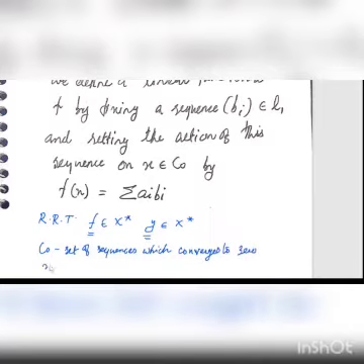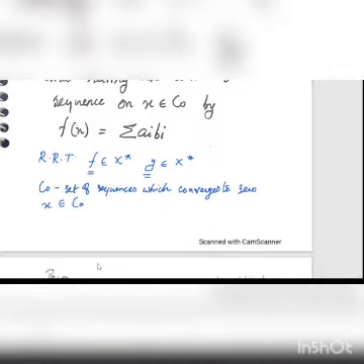Now I'm taking an element x belongs to C naught, which means I have x as a sequence a1, a2, a3, etc. Now I'm defining the norm on x as norm of x equal to the maximum of mod ai.